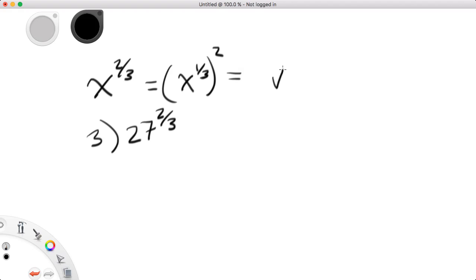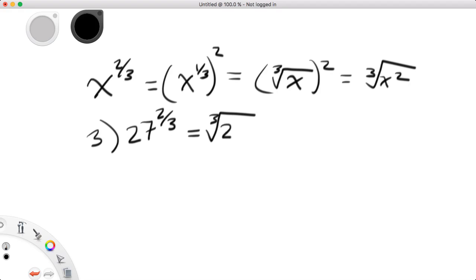Okay, great. Now there's this other thing. What happens if you have something like x to the 2/3 power? Well, basically that's the same as x to the 1/3 power raised to the 2nd power. Why?